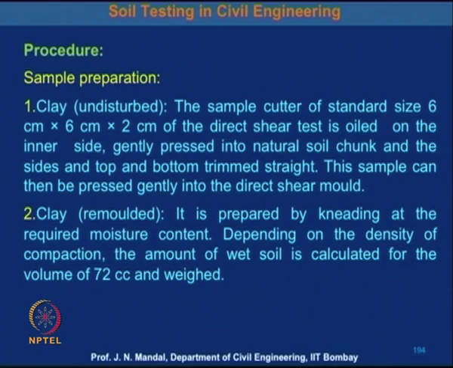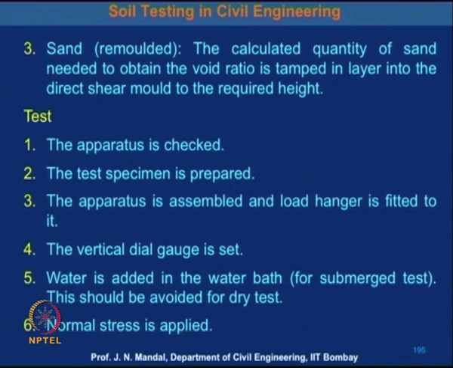The amount of wet soil is calculated for the volume of 72 cc and then weighed. If it is remoulded sand, the calculated quantity of sand needed to obtain the void ratio is tamped in layers into the direct shear mold to the required height.